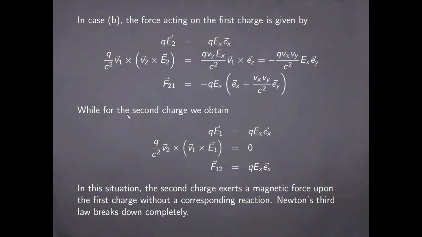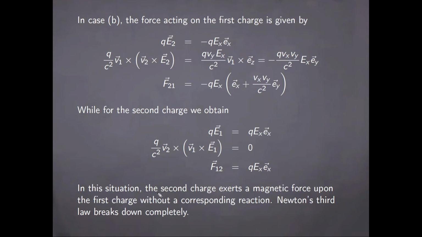However, if we now do the calculation for the second charge, things turn out as expected. For the electrical component, it's equal to the one calculated here, but pointing in the other direction. However, when we want to calculate the magnetic component, in this case, the velocity of the first charge is parallel with its electrical vector at the point where the field would interact with the second charge, and as such the magnetic component vanishes and the force with which charge 1 acts on charge 2 is purely electrical in nature.